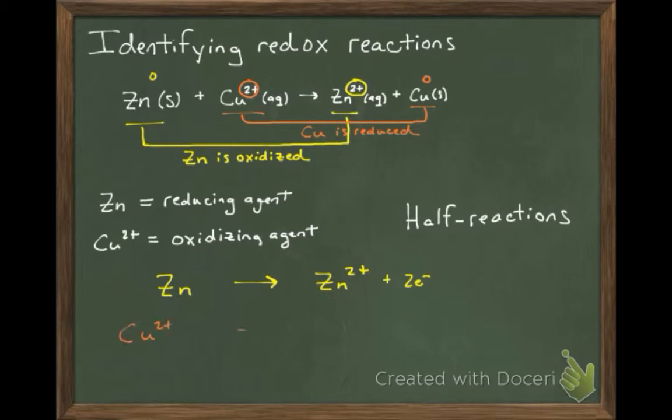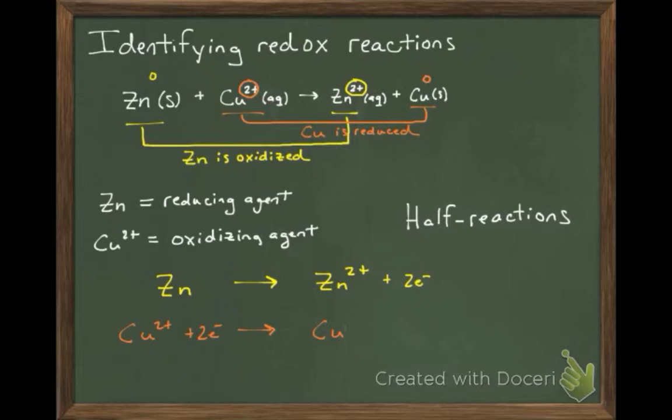Copper goes from copper 2 plus to neutral elemental copper, and that means that it must have gained 2 electrons. Right? If we add 2 negative charges onto the copper 2 plus, it would become neutral copper. Just as taking away 2 electrons from a zinc would result in the zinc 2 plus.